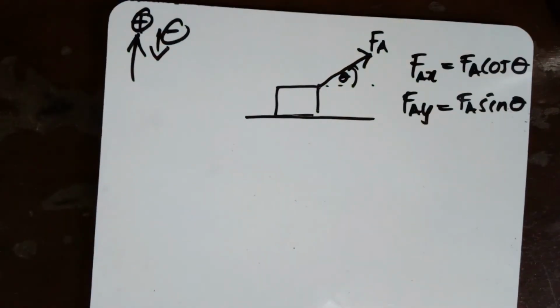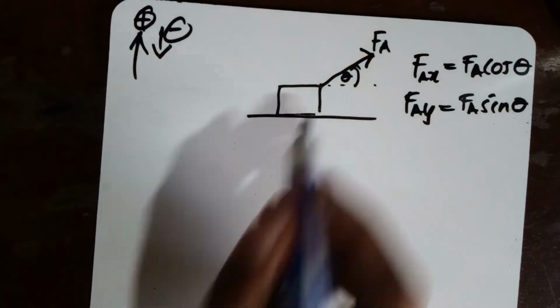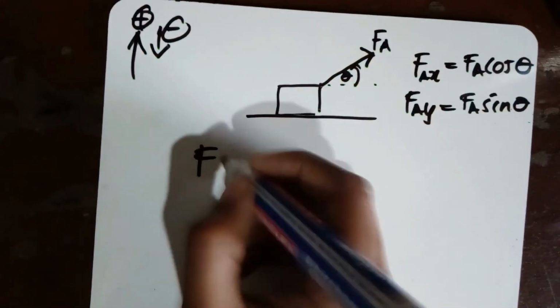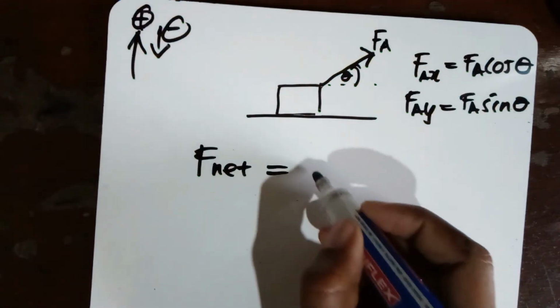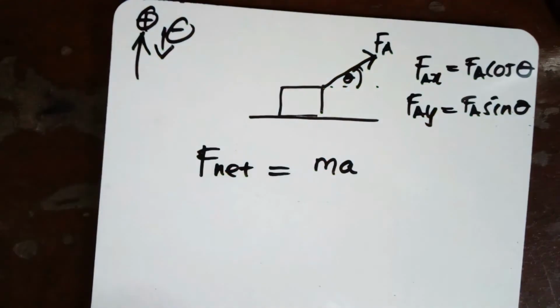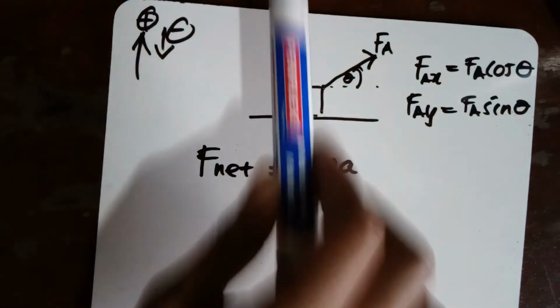Now, using Newton's second law of motion, we'll say F net. Remember F net equals m a. We want the effects in the vertical direction, so let me write y so that you know it's in the y direction.